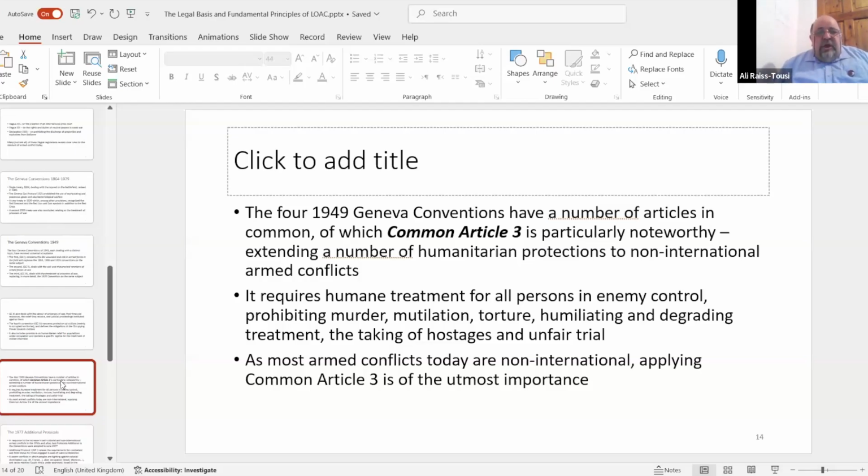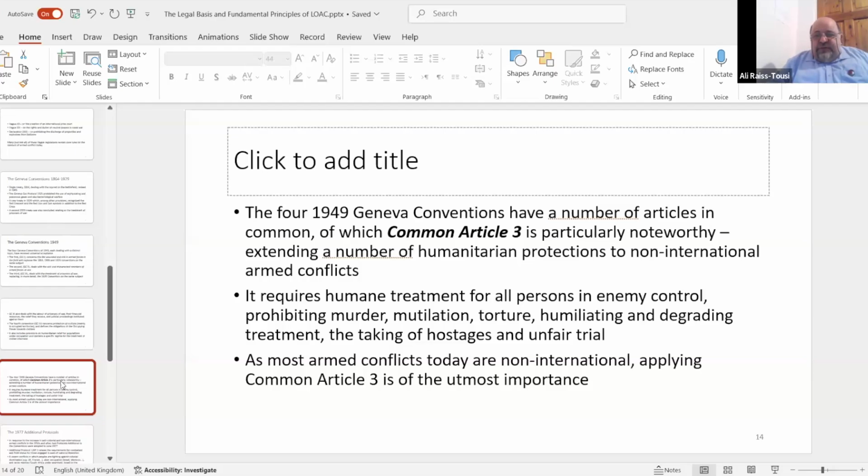So, humane treatment for all persons in enemy control. Enemy control means if you're fighting for the state, you've been taken by the rebels. If you're fighting for the rebels, you've been taken by the state. Your captives cannot be murdered. They can't be mutilated or tortured.